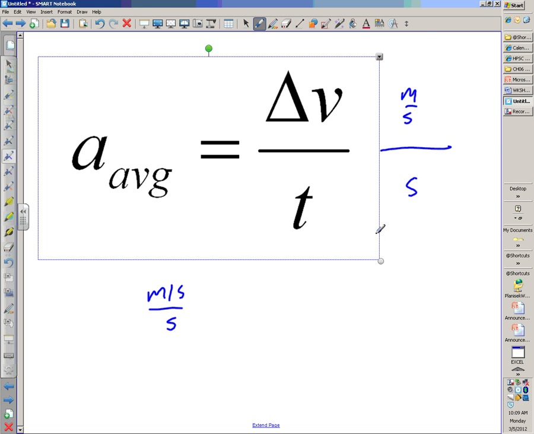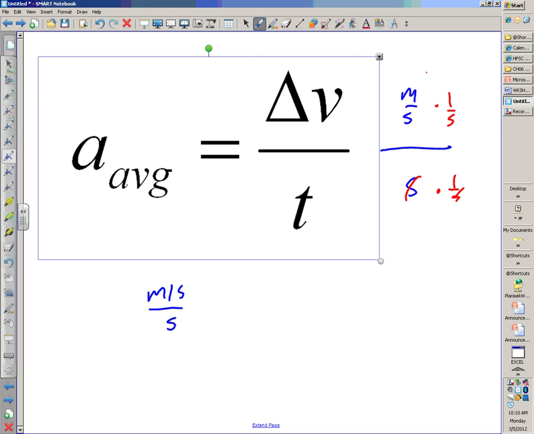Here's the complex fraction here. I'm going to do a little math. If I multiply the bottom of that fraction by 1 over seconds, you don't have to write this down just yet, but if I multiply the bottom by 1 over seconds, what happens on the bottom here? The seconds cancel. But I can't just multiply the bottom of that fraction by 1 over seconds if I want it to be the same thing. I also have to multiply the top of that fraction by 1 over seconds.